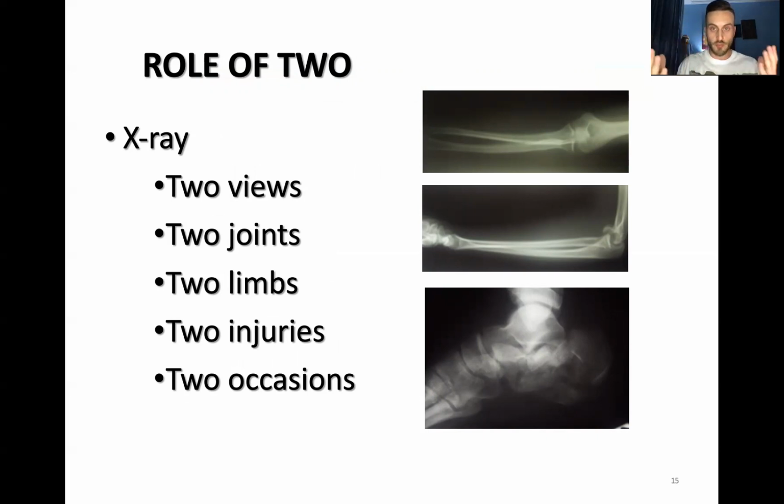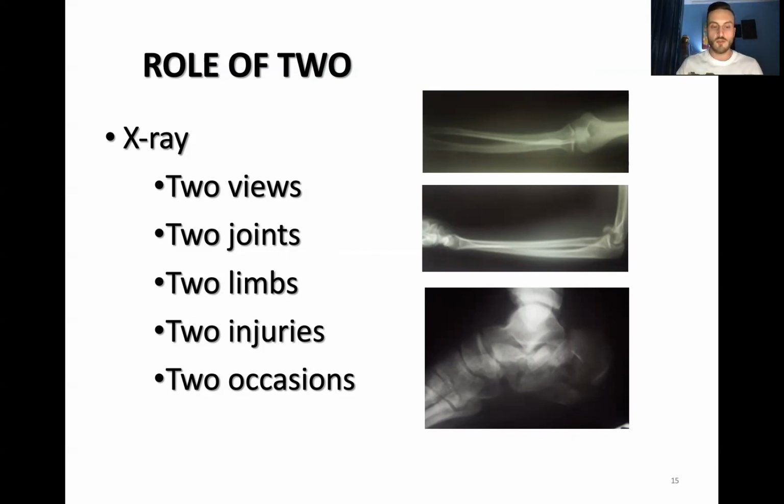Two limbs to compare, especially in pediatric age groups because there are epiphyseal lines. Two injuries: for example, with a scaphoid fracture from falling on an outstretched hand, he might have a scaphoid fracture, a distal radius fracture, or elbow fractures. So it is important to expect injuries by the mechanism of injury.